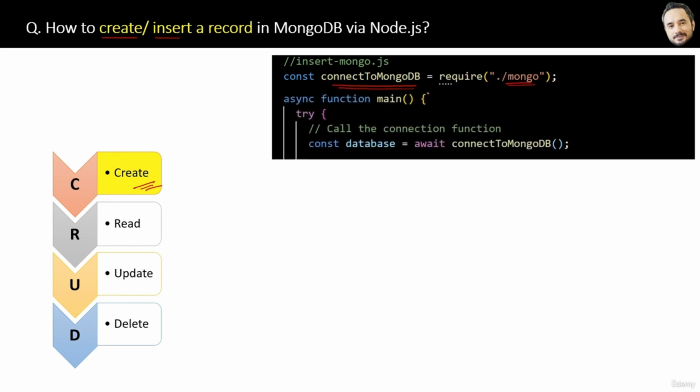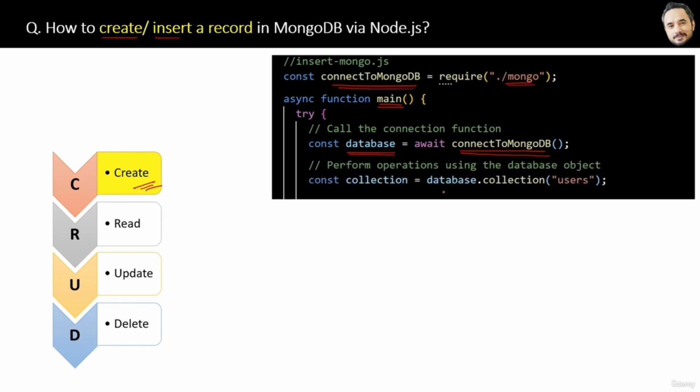Now inside the main method, first we will call the above method to make the connection to the MongoDB server. And if you remember, this method was returning a database object also, which we will receive in this database variable. Through this database object we will first get the user collection in this collection variable by calling the collection function of the database instance.